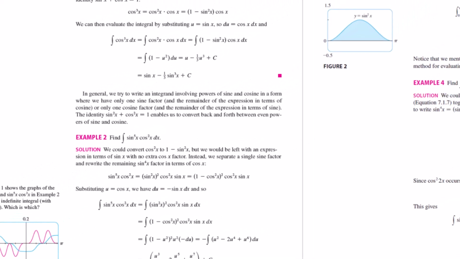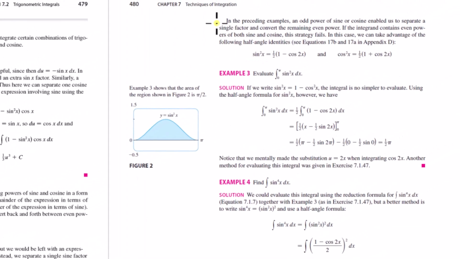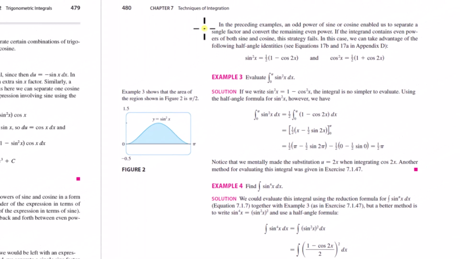Now next they talk about how we would approach multiplying powers of sine and cosine when both are even. Not both odd, but both even. In that case, we can use these identities. This also includes the case where we don't have a cosine. I guess you could say the cosine power is 0, but it's just an even power of sine.